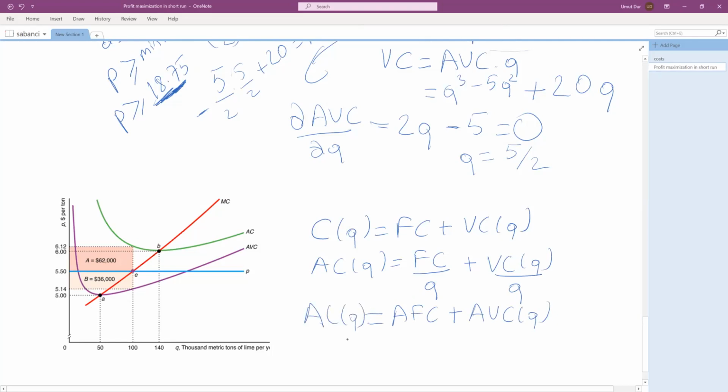So the reason why this green line, which is representing the average cost, is above the average variable cost is because we are adding up this average fixed cost over the average variable cost to calculate the average cost.